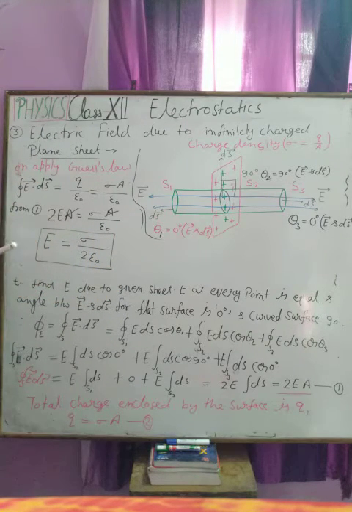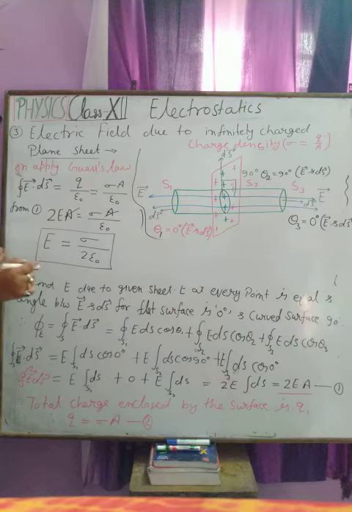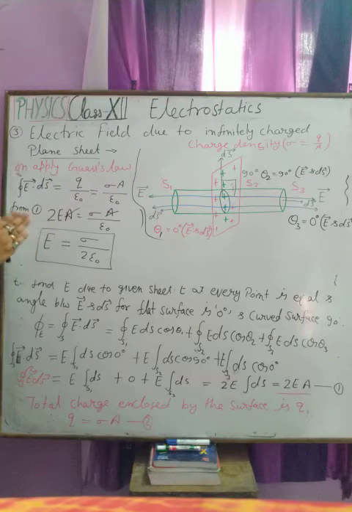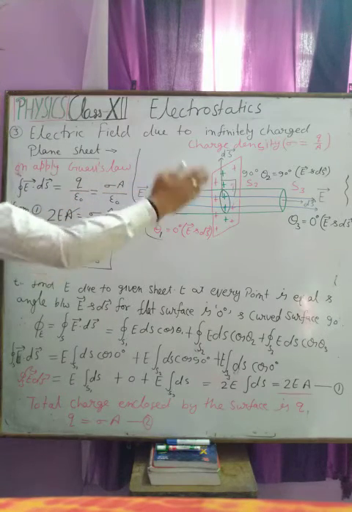Okay, now students, one thing is very important to notice here. This formula of electric field due to this charged surface is independent of the distance. Therefore the value of the electric field due to this kind of surface does not depend upon the distance. It is exactly the same whatever the distance we are using for this surface.